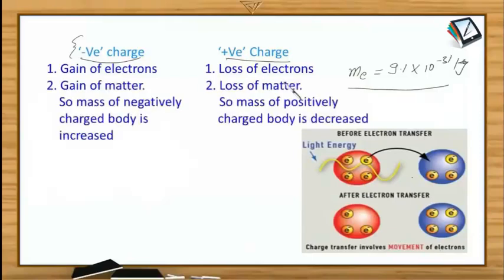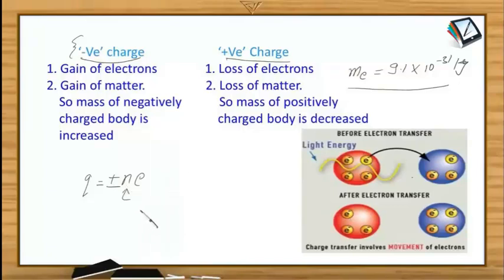As we know, electrons cannot be cut further. So the charge on any object can be created only in integral multiples of the electronic charge, because there is always a whole number of electrons which are transferred from one body to another. Suppose n electrons are transferred, then the charge attained by the body will be either plus or minus n times e, where n is the number of electrons added or lost by that object.